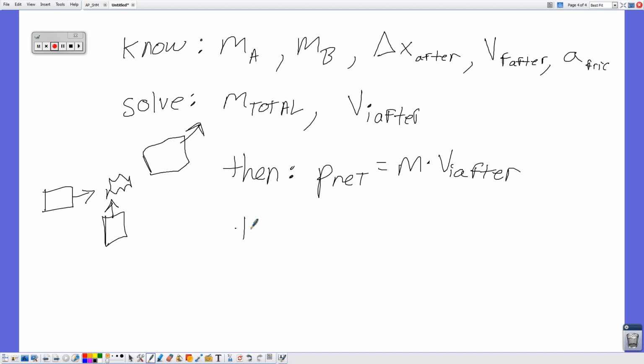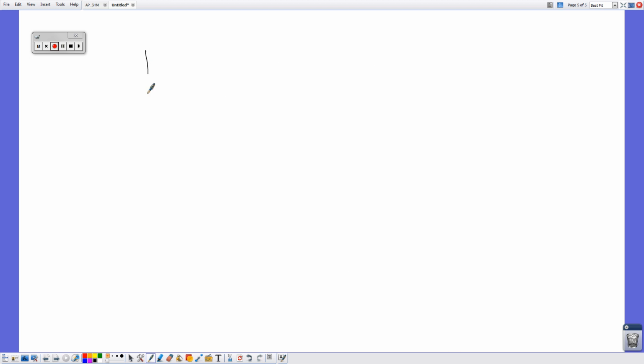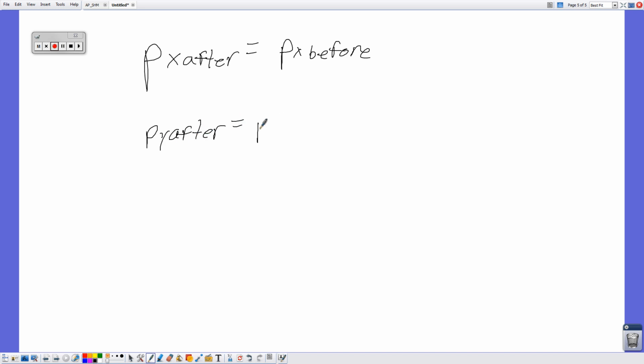So you go from P net to PX after the crash and PY after the crash. And here's why you care. PX after the crash has to be equal to PX before the crash. And PY after the crash has to be equal to PY before the crash.